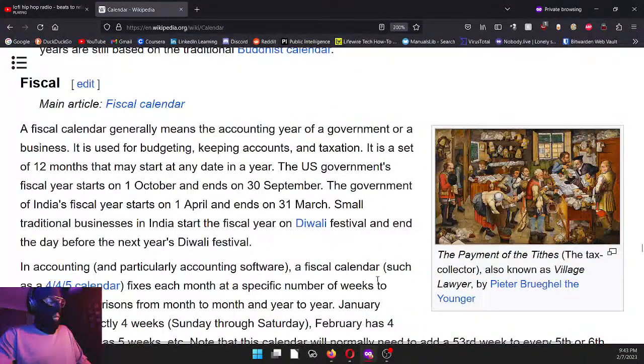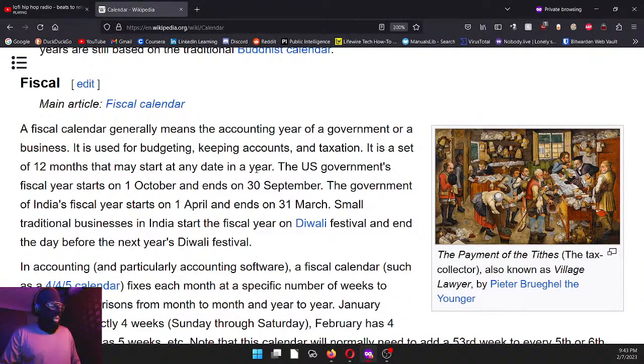Now you have fiscal. A fiscal calendar generally means the counting year of a government or business. It is used for budgeting, keeping accounts, and taxation. It is a set of 12 months that may start at any date in a year.